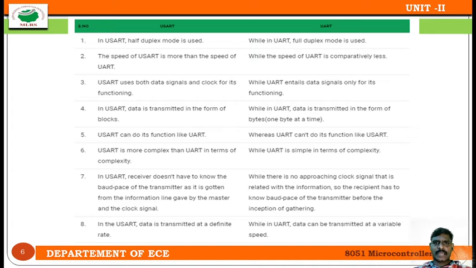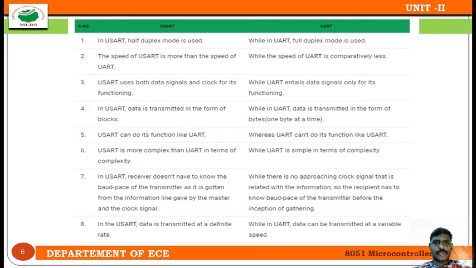USART uses half duplex, whereas UART uses full duplex. USART has more speed compared to UART, which is lesser in speed. USART uses both data signals and clock signals for functioning, whereas UART uses data signals only. In USART, data is transmitted in the form of blocks.